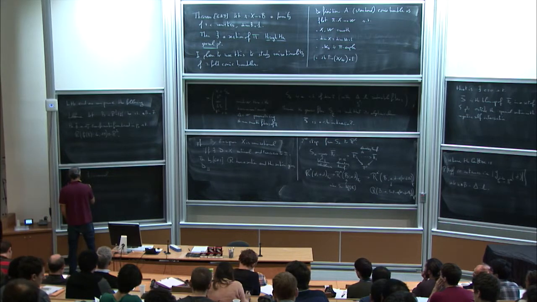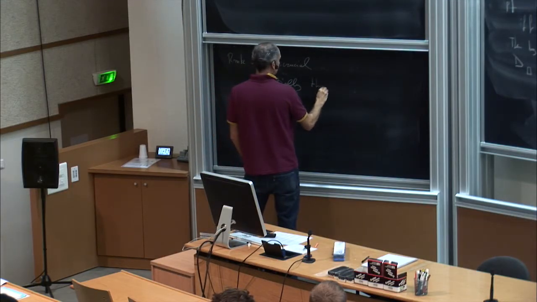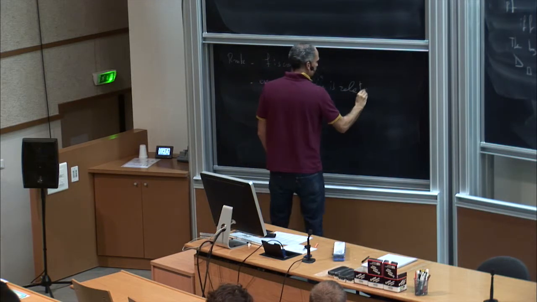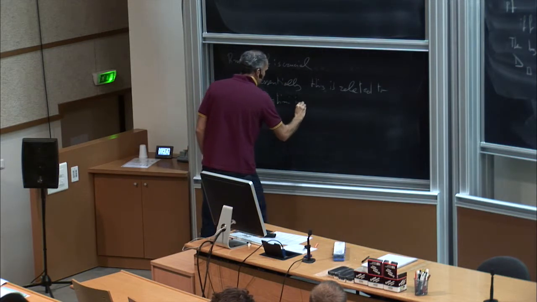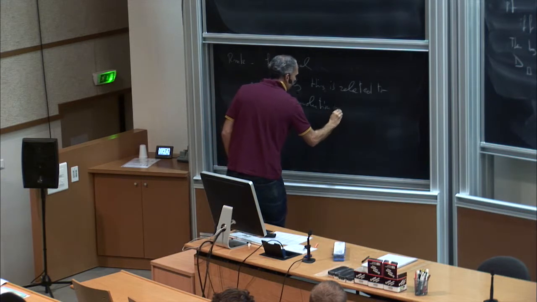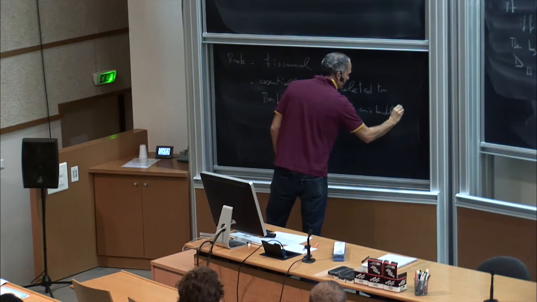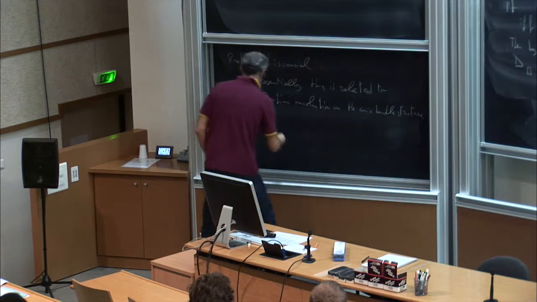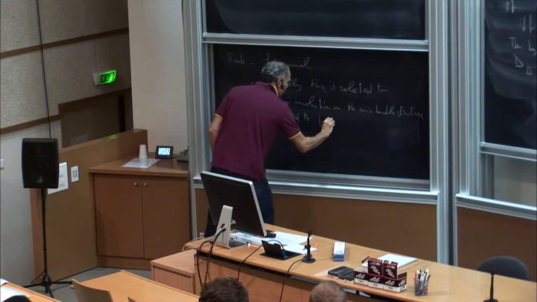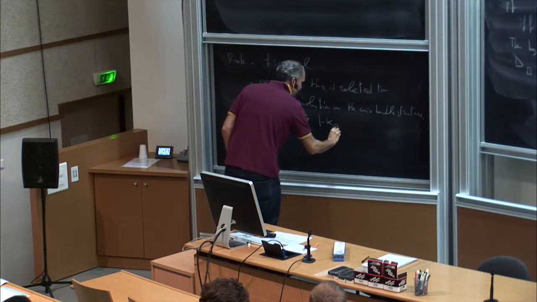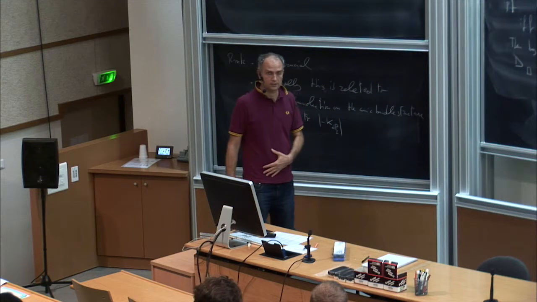So essentially, this is related to the Bertini involution on the conic bundle structure associated to minus K, let me put it this way, to the anticanonical class of the del Pezzo surface of degree 1. Okay?